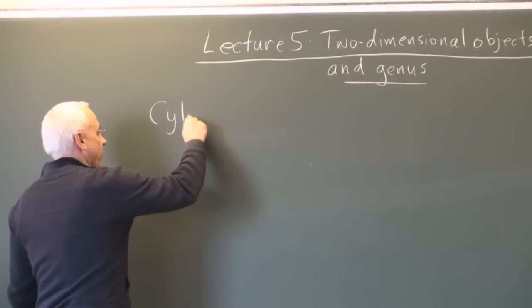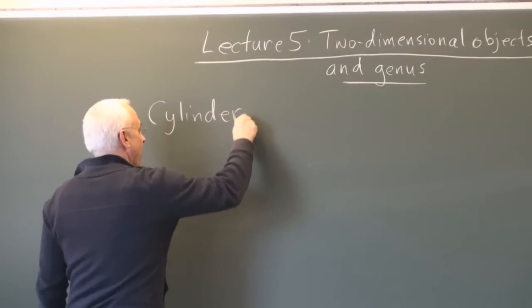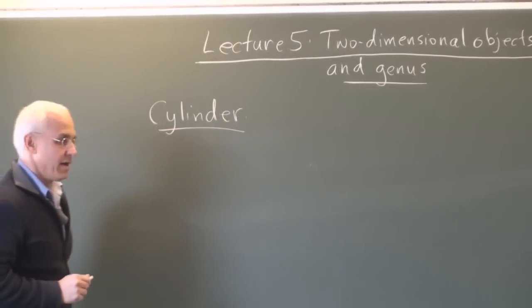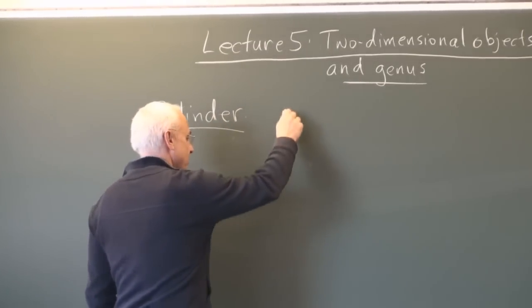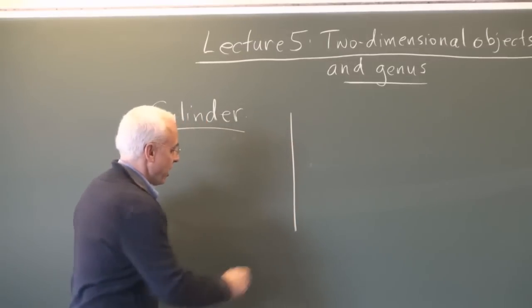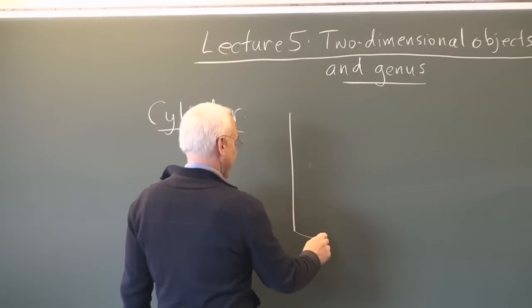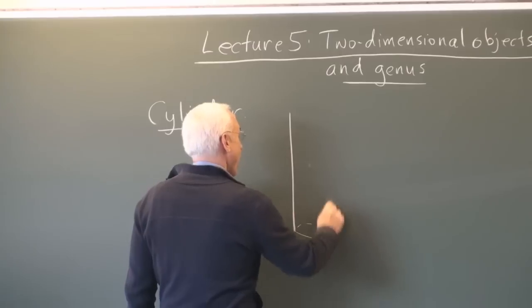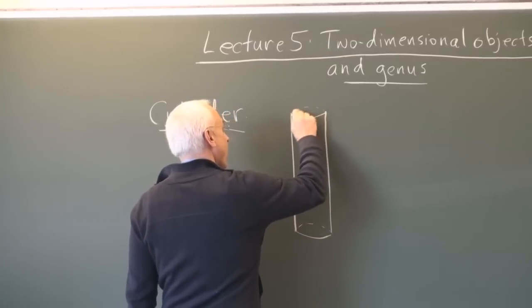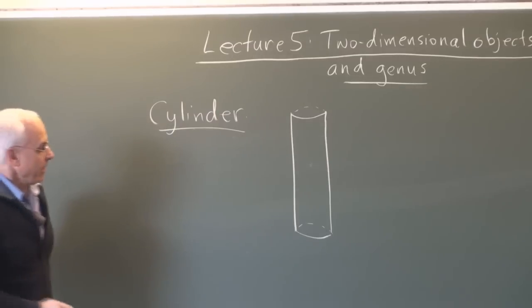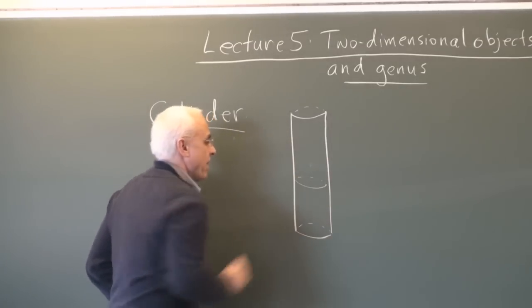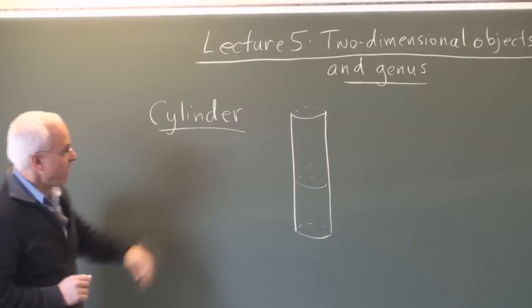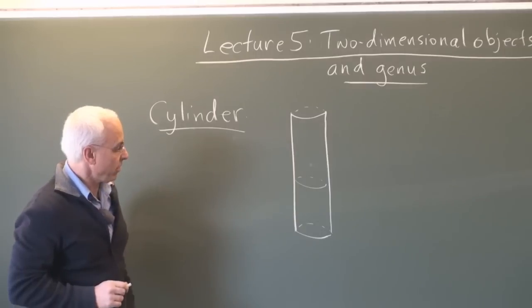And the first one is actually pretty simple. It's just a cylinder. And a cylinder is, of course, pretty simple to describe. It looks like this. And it has a round cross-section. And then there's a question of whether it should go infinitely up or not.